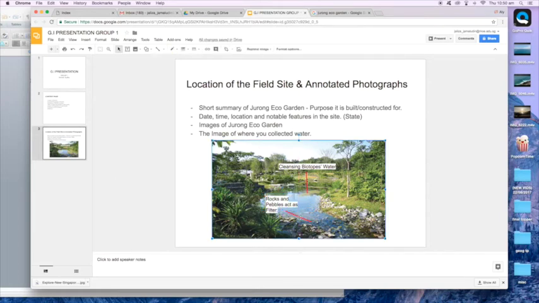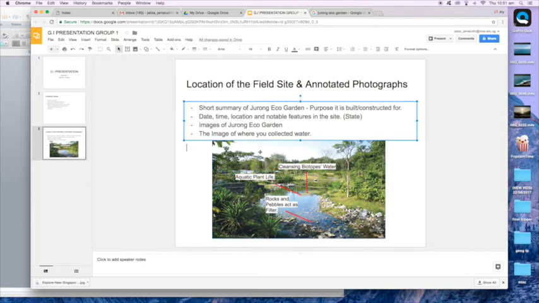Sometimes you can see fishes inside it. If the photograph doesn't capture it, you can also annotate it inside. So this is annotating, okay?